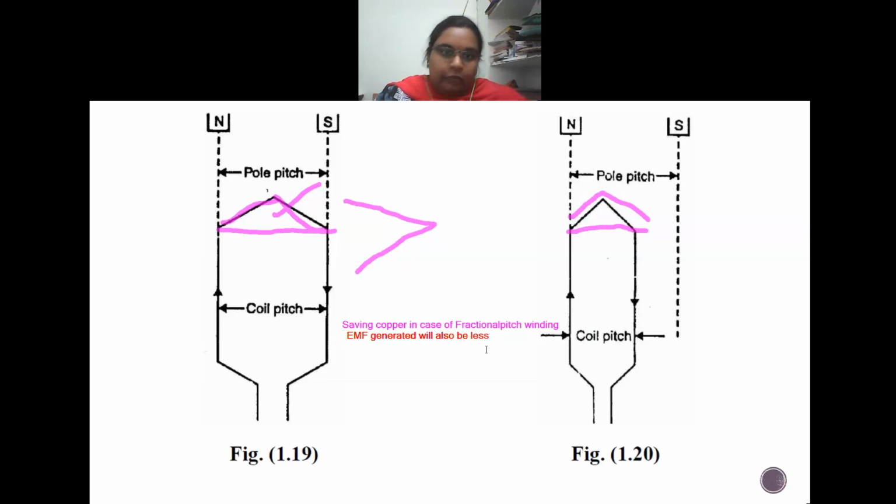So, how much compromise? We need to strike a balance between the saving of copper and the reduction in the generated EMF. We need to strike a balance between these two.